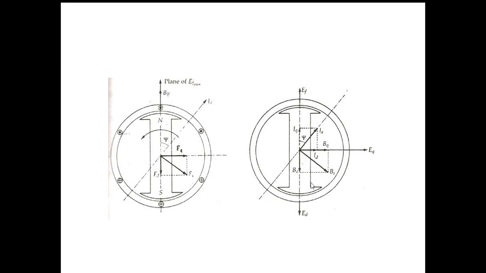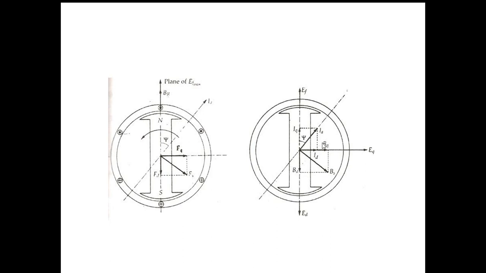That is why it is denoted as BS, because it is the magnetic flux of the stator. So when you are resolving this BS into two components, that is BD and BQ, similarly, this FD component of FS would be responsible for generating BD, and the FQ component would be responsible for generating BQ.